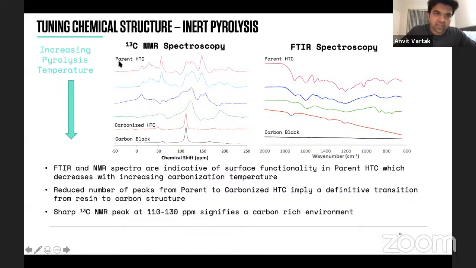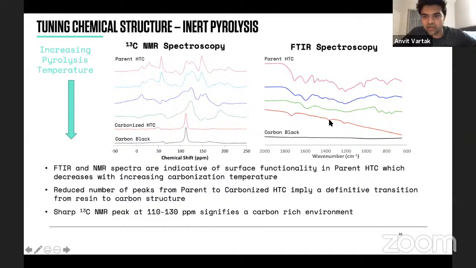So as you keep on increasing the temperature that you're treating your material with, you finally get to a material which shows a fingerprint that is very close to carbon black. So you don't have to be an expert in this technique to understand that when you have an overlaying fingerprint, you are very close to the material that you want to get to.